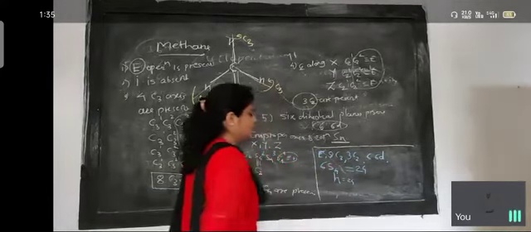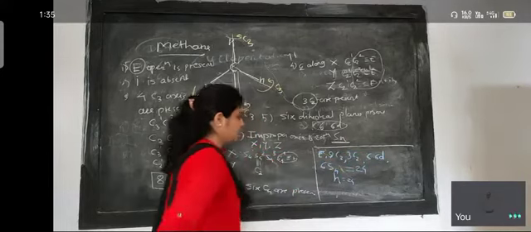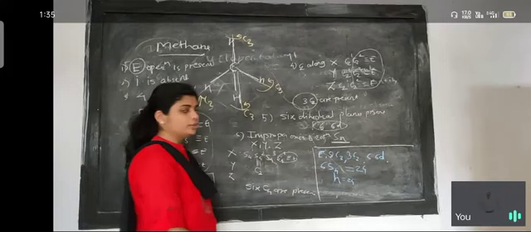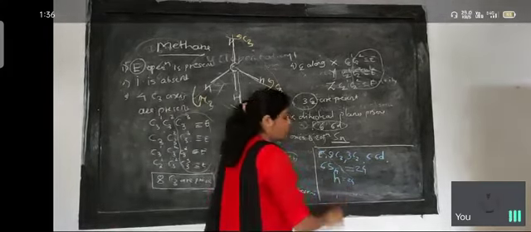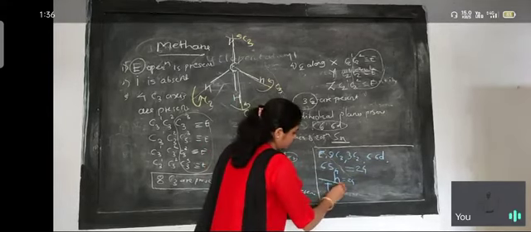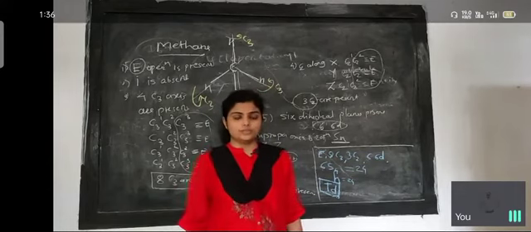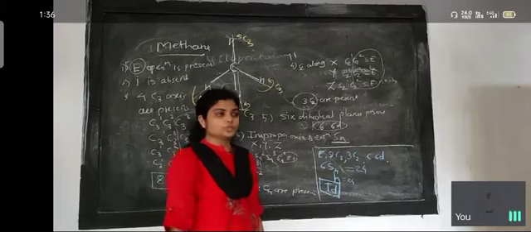You have to write the number of classes. Here 1, 2, 3, 4, 5. 5 is the number of classes. Then next, this methane molecule belongs to a special point group. This is an example of a special point group. The special point group of the methane molecule is tetrahedral. Again in the same way, when you consider the SF6 molecule, that SF6 molecule also belongs to a special point group.